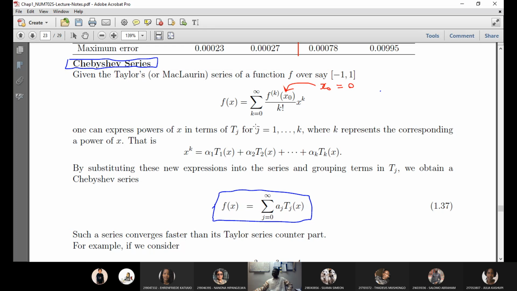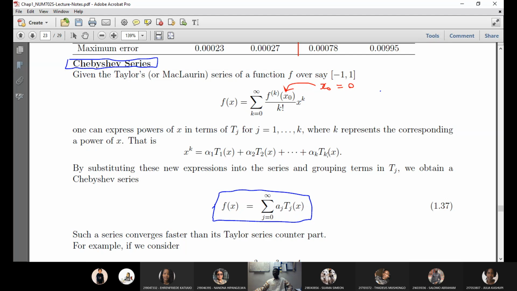So the easiest way from the Maclaurin series to obtain a Chebyshev series is just to re-express your x^k in terms of T1 up to Tk. You can always do that. If you have from T0 up to Tk, you can combine them and extract x^k, which in fact appears in Tk.